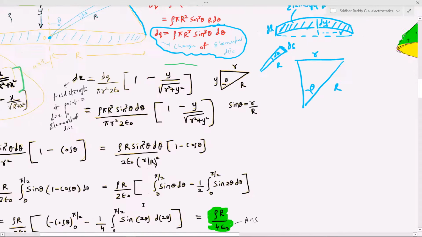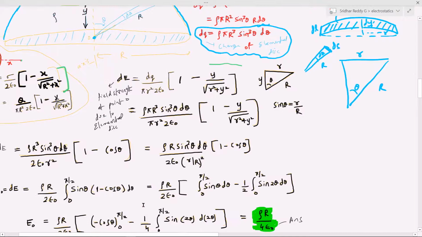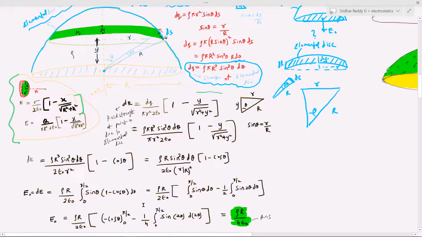So the limit will be 0 to pi by 2. Let me do the integral of sine theta. So here further, what happens? Sine theta into cos theta.